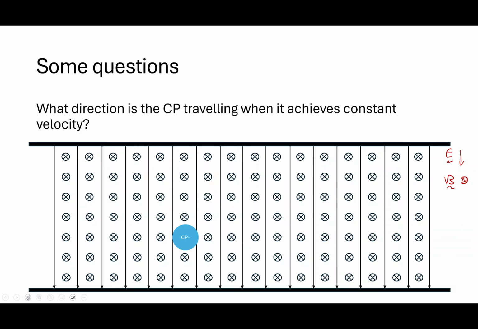So let's work out why it's going to the left. So we have positive, negative electric plates, and the electric field is going downwards, but the CP is negative, so it will actually go upwards because it goes the opposite direction of the electric field.